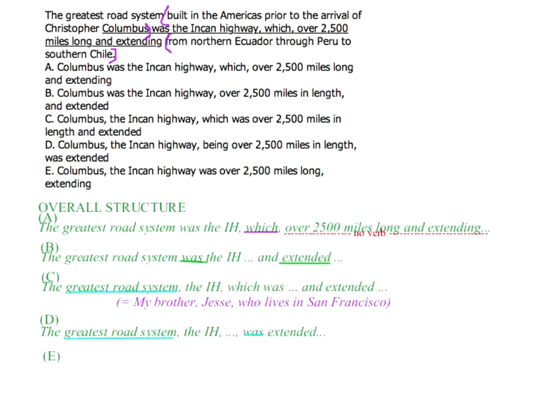And then choice E, we've got "the greatest road system, comma, the IH was, comma," and then you have this modifier "extending" wherever it extended. So this is constructed so that this is the subject.